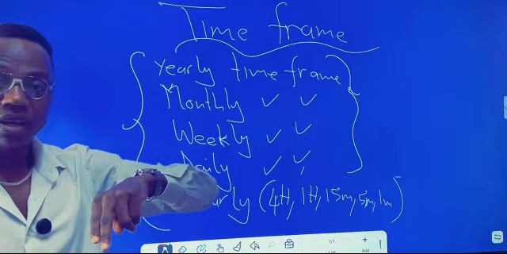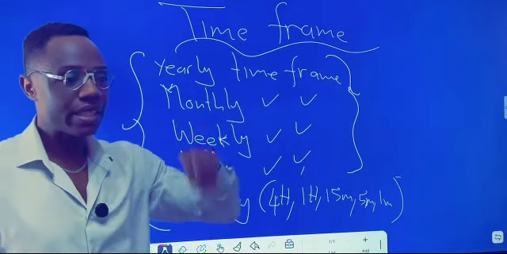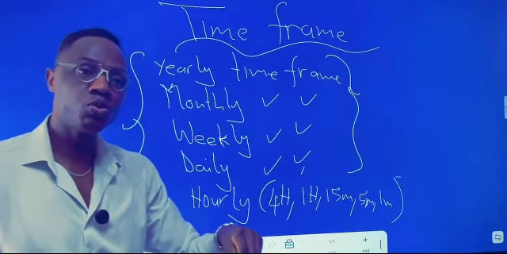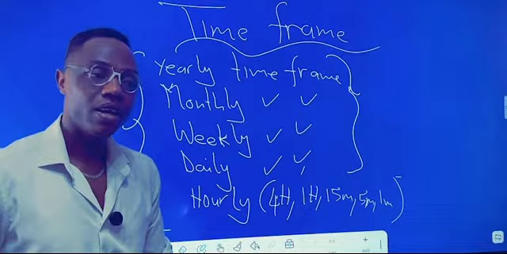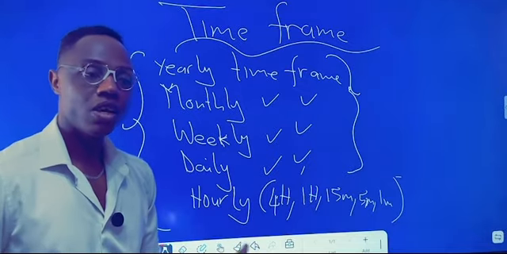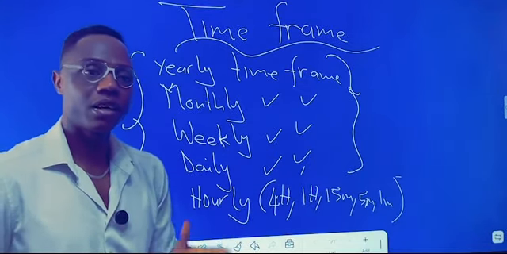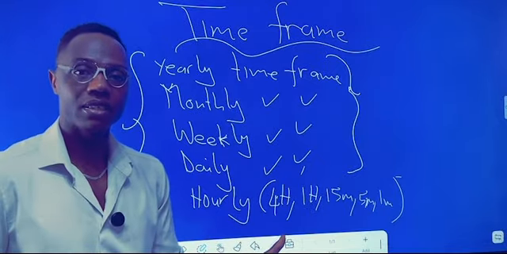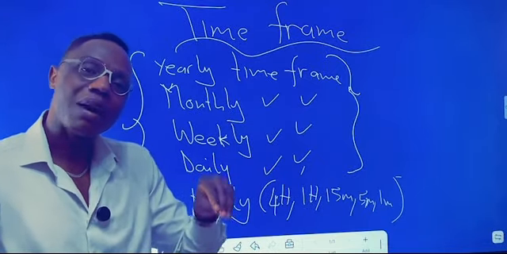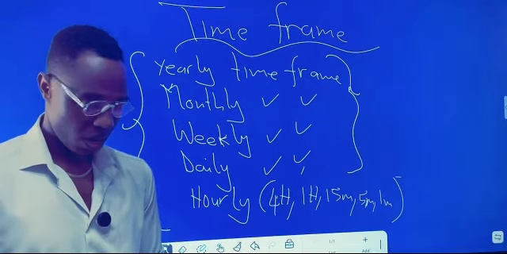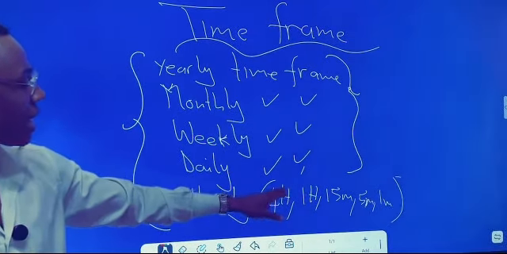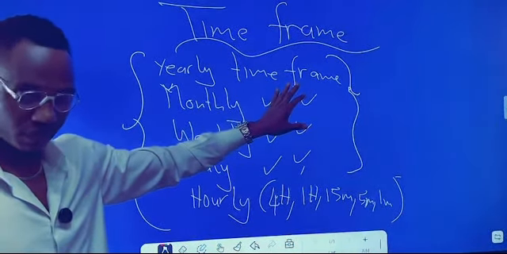But if you descend to the lower time frame, that is where you begin to see the price action. You begin to see the trend lines, the price candlestick formations and everything. What is actually happening inside there? I hope you understand the difference between the higher time frame and the lower time frames.